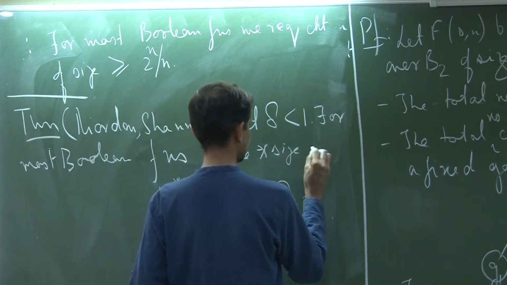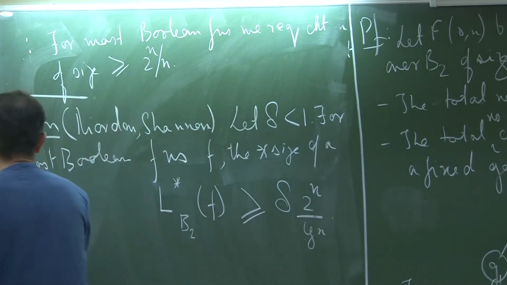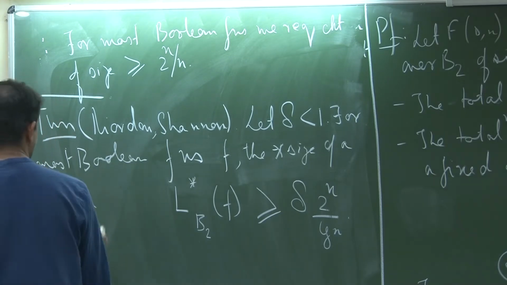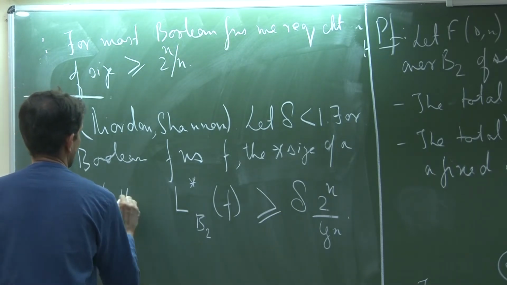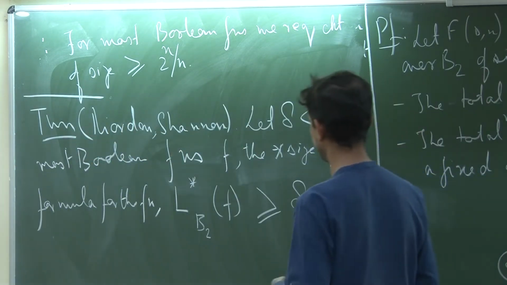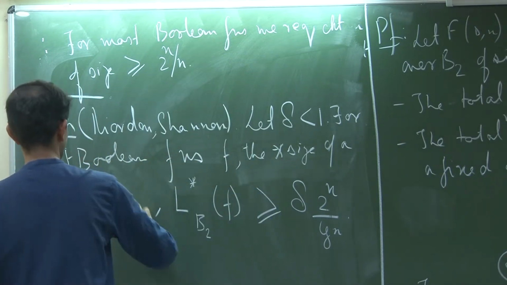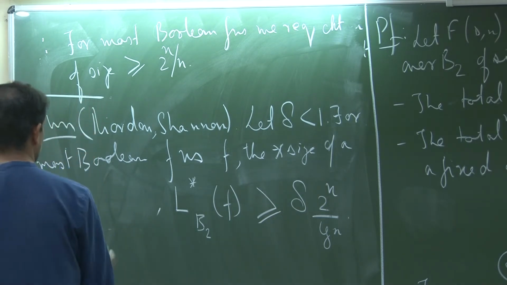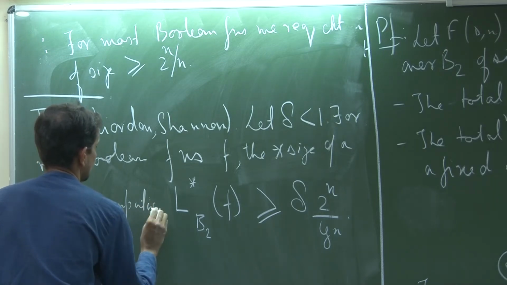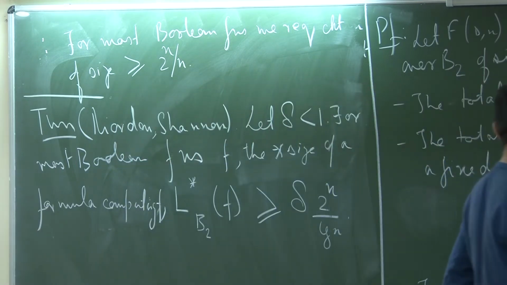I can write it as well: the size of a formula for the function, L star B2 of f. Actually, I have a name for the function, so let me use that name: the formula computing f is this much.